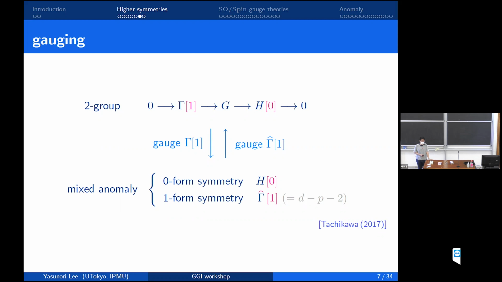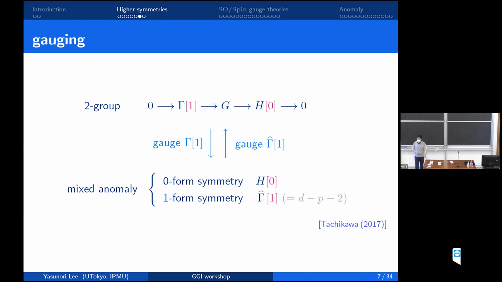Is this in 3+1 dimensions, or is it general? Yes. The 3+1 dimension comes into the fact that we have gamma hat one form symmetry on the gauged side. In different dimensions, you get different form gamma hat symmetry.